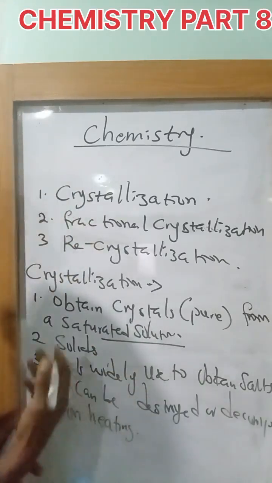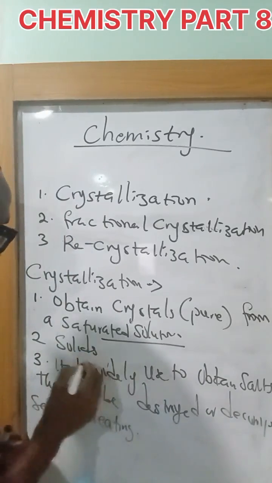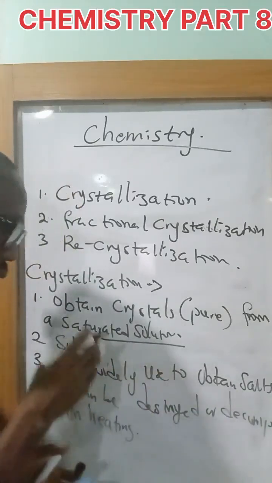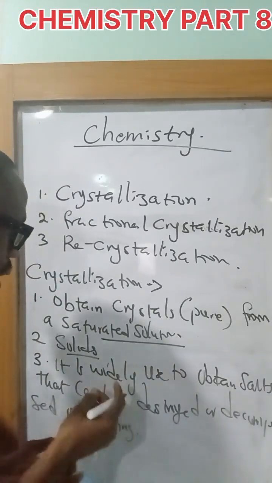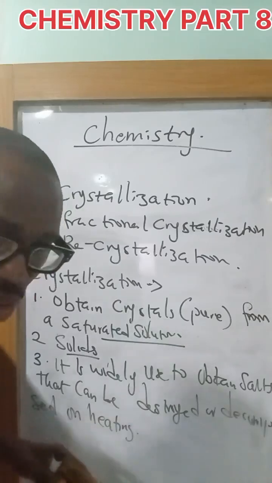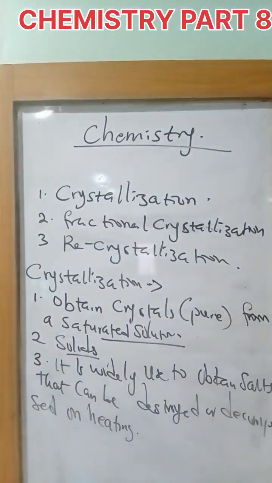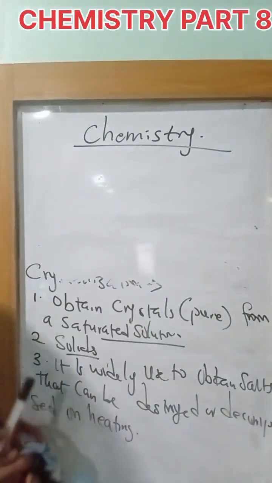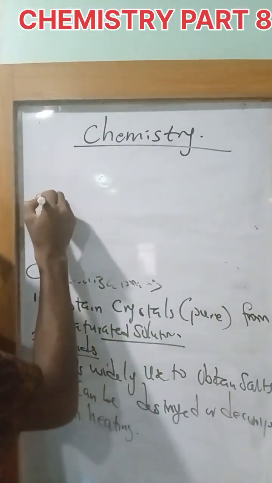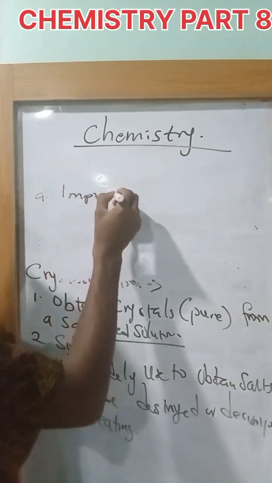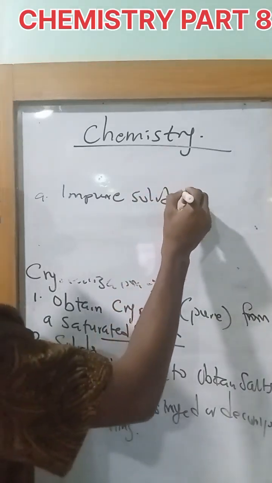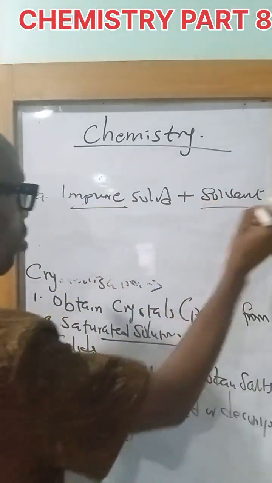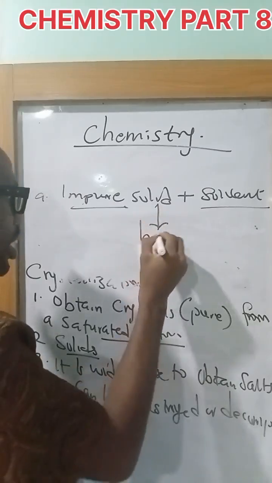How is this done? In crystallization, the impure solid is dissolved in a solvent, and then it is heated.